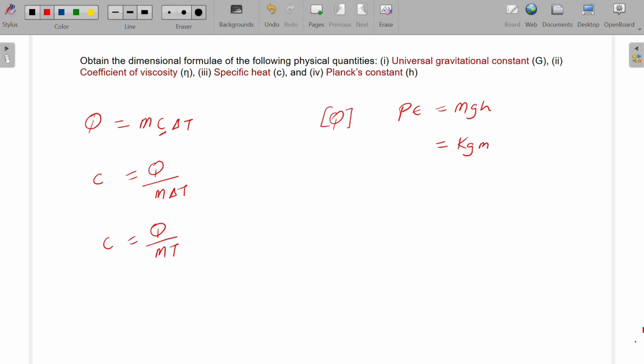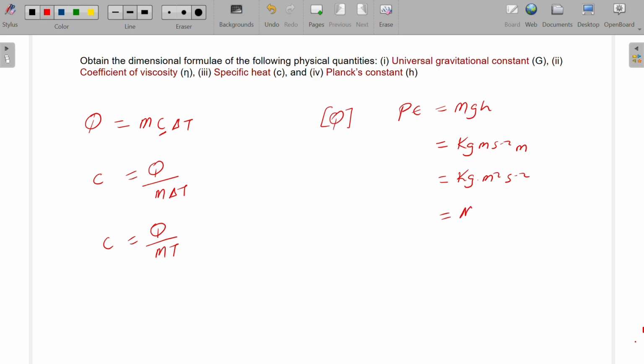Mass is measured in kgs, acceleration in meters per square second, and height in meters. This is giving us kg m squared s to the minus 2.